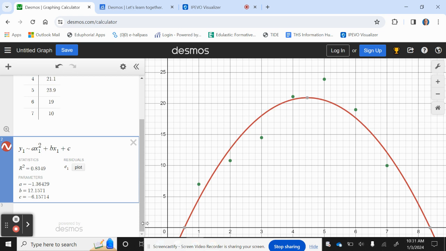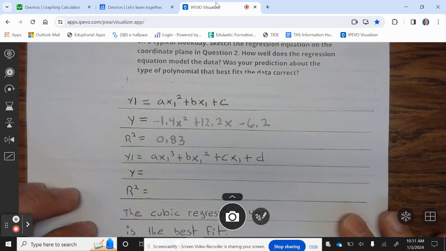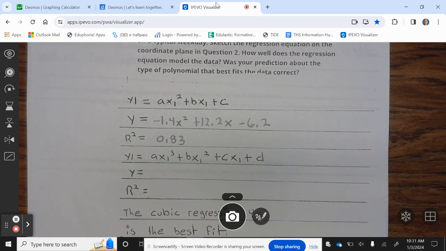Now for the r squared value, it's common practice to round to 2 decimal places. Okay, so there's your quadratic regression and your r squared value.